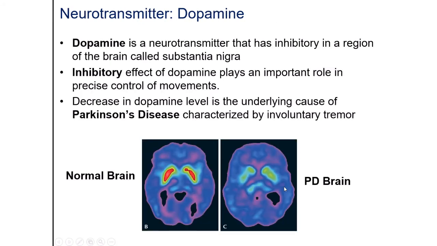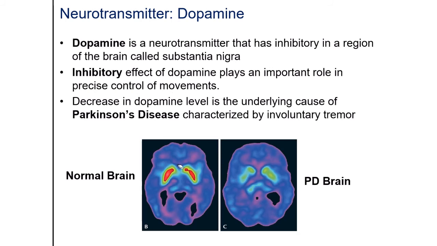So we're going to look at two examples. The first one is dopamine. So dopamine is a neurotransmitter that has inhibitory effects in a region of the brain called the substantia nigra. Okay, so in this brain scan, it shows you where the substantia nigra is, and in a normal individual, this inhibitory effect is important for allowing precise control of movements.